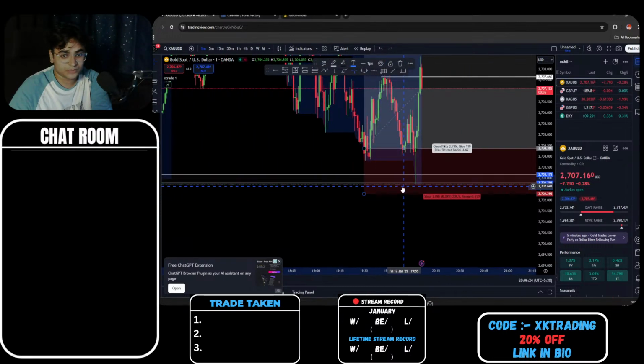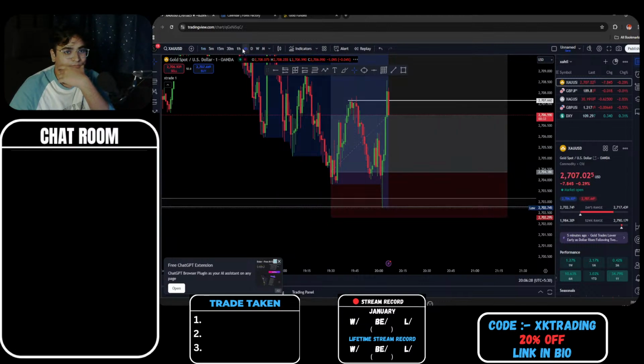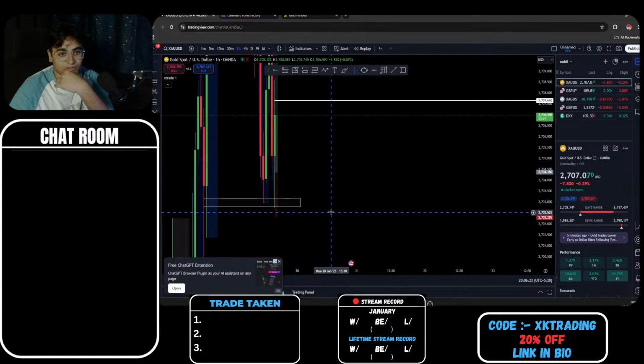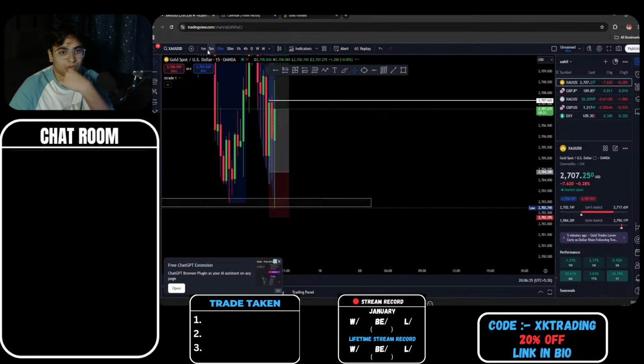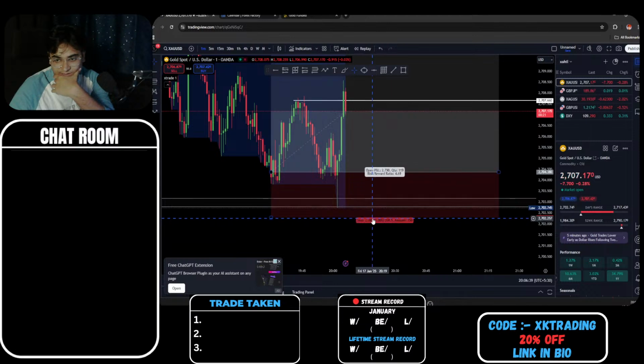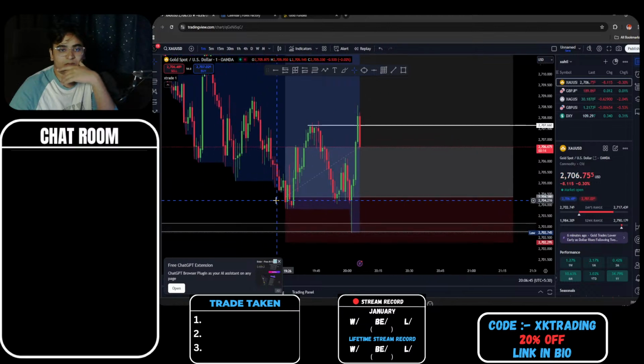Because once we do break below the structure, then I think there's no going back. Because that means that 1 hour and 4 hour will continue going down further, and we do not want to take that as a trade, right? So I'll be putting SL at 2702.25 or so. And our TP will be higher as well.